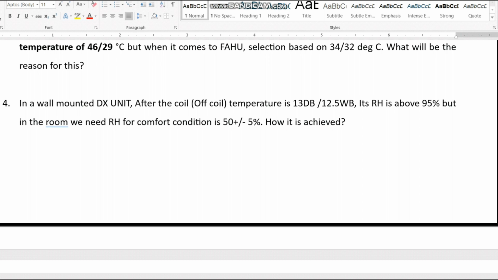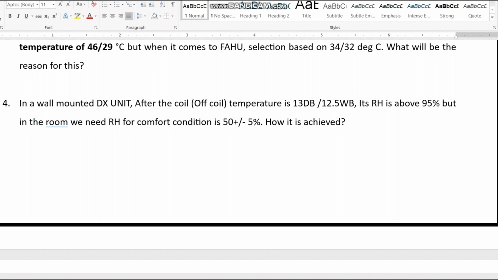So how is it achieved? After the coil the relative humidity is 95%, but in the room we need 50% plus or minus 5%. From 95% to 55%, how can we achieve the relative humidity in the room? What is the technical thing happening in the room? How is it done? That's the question.